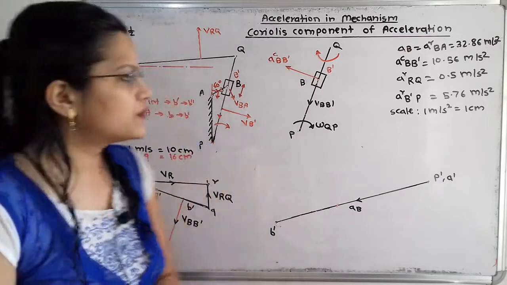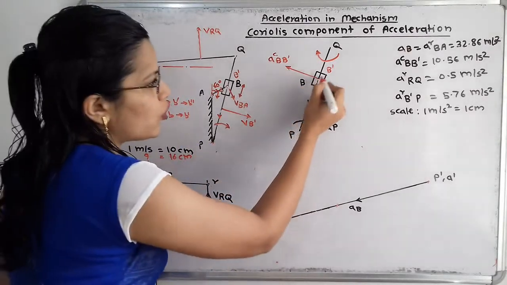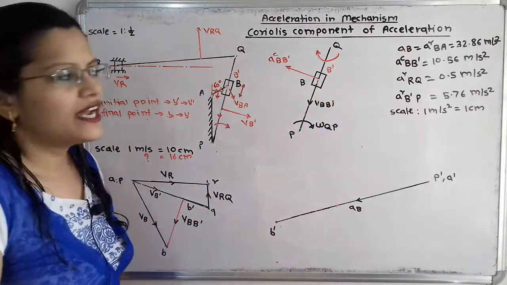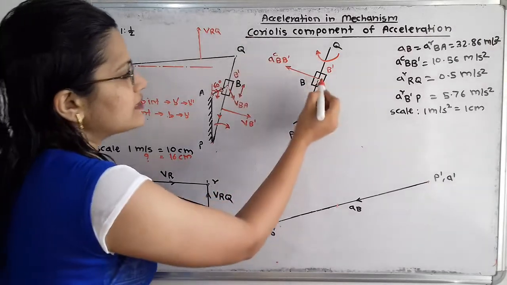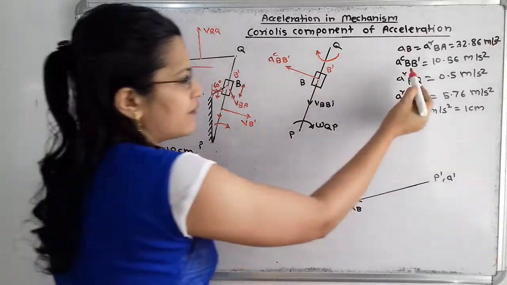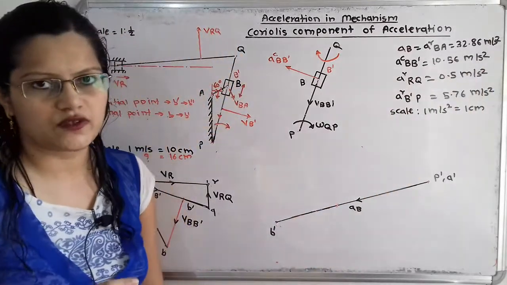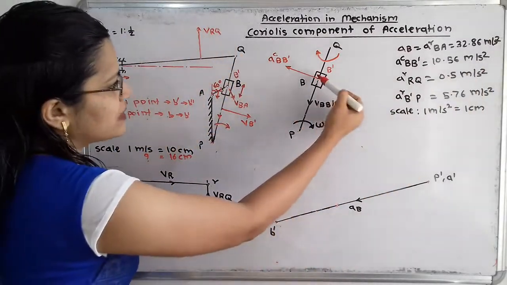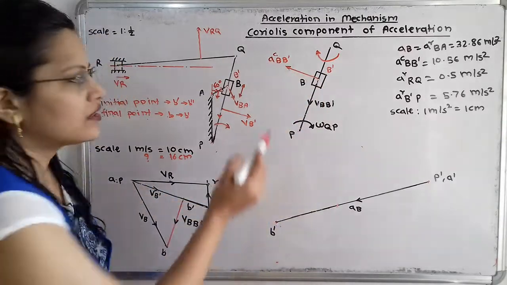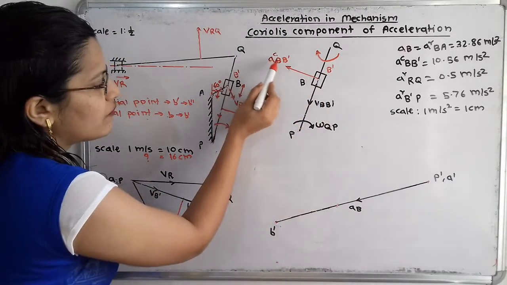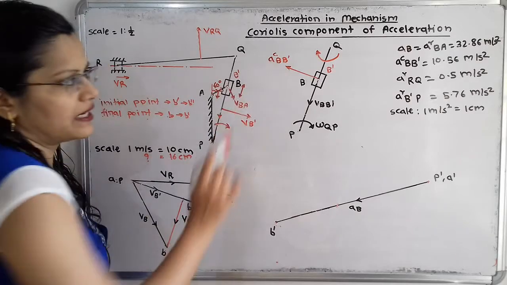Now if we observe at point B, there is the coincident point B dash. And there is the Coriolis component of acceleration, which we have calculated as 10.56 meter per second square. So this is the direction that I have shown for the Coriolis component of acceleration of B dash.